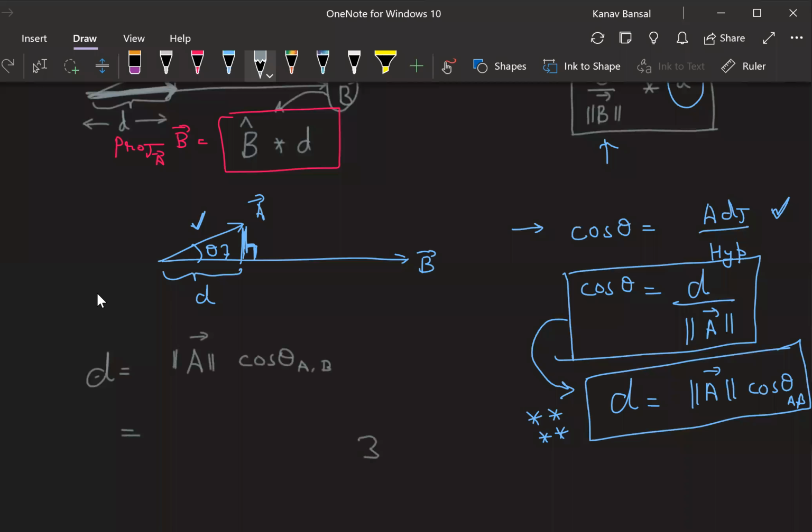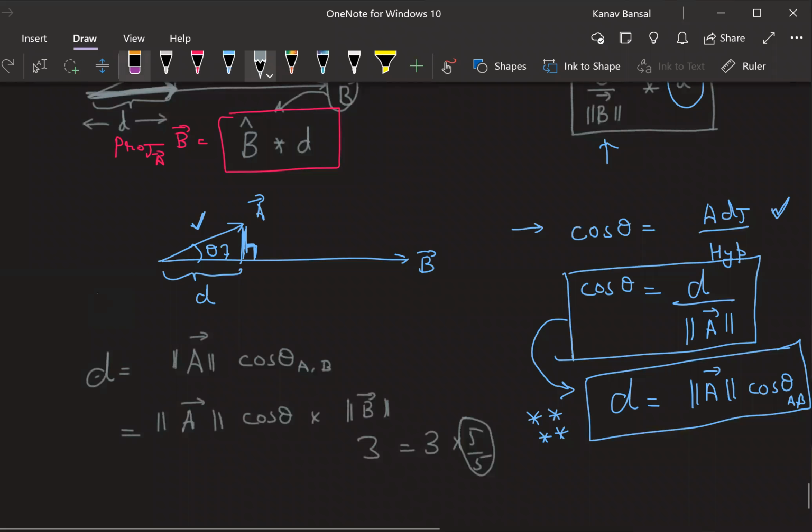If I have 3, isn't 3 equal to 3 into 5 by 5? Yes or no? So I'll write this equation as cos theta into length of b vector divided by length of b vector. I'm just dividing it by length of b vector, right?